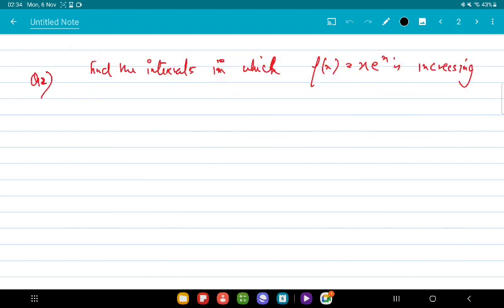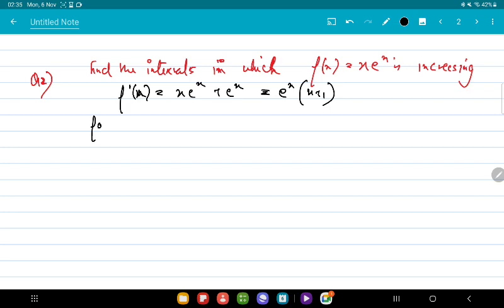Okay. The second question is: find the intervals in which f(x) equals x e to the power x is increasing. That is the question. So f(x) is given. Shall we find f dash of x first? You can apply the product rule, right? So once you apply it, you will get this.